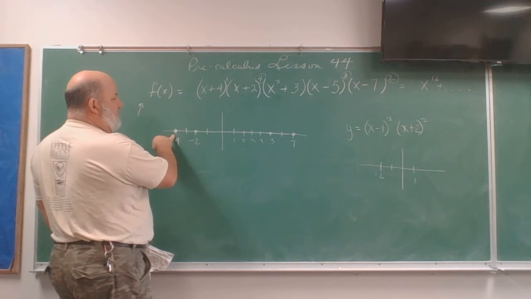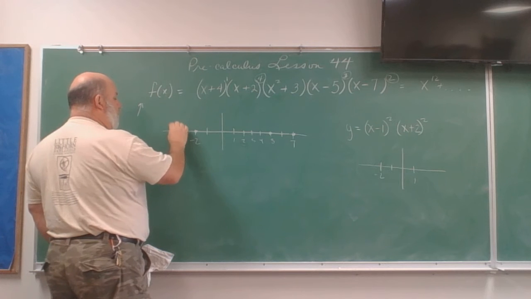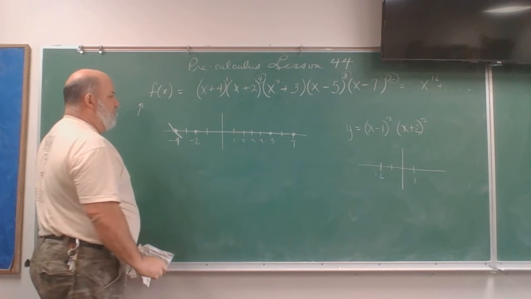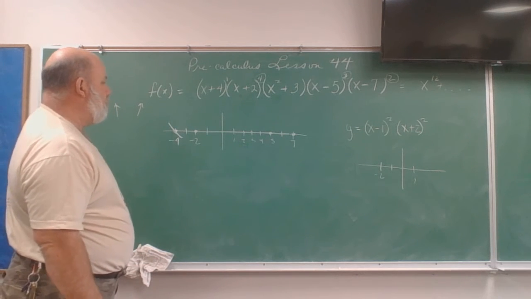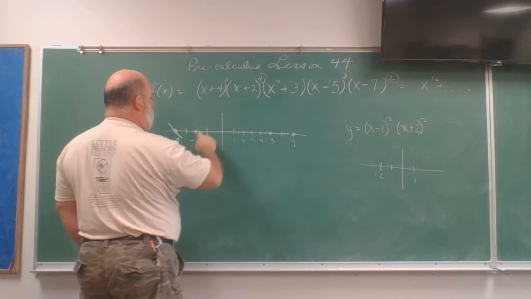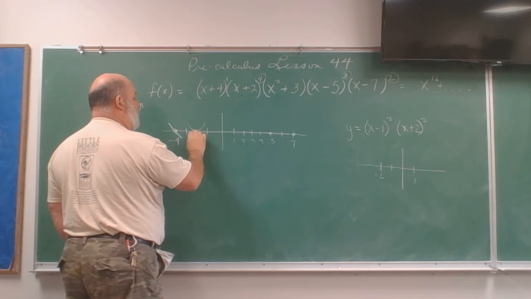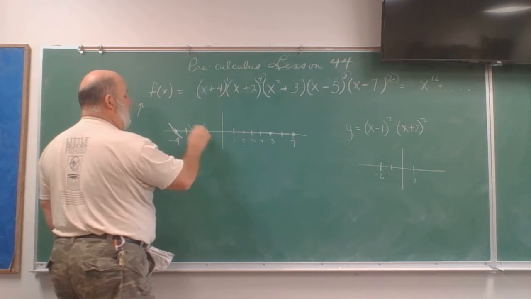So here at negative 4, because it's x plus 4 to the 1 power, it's going to cross the x-axis. Here at x plus 2, that means at negative 2, it's simply going to touch the x-axis like this or like this.